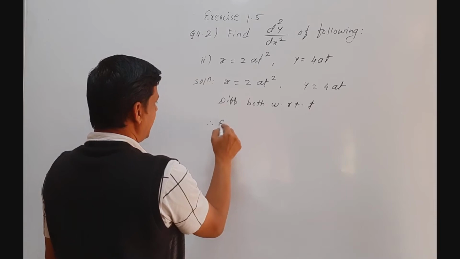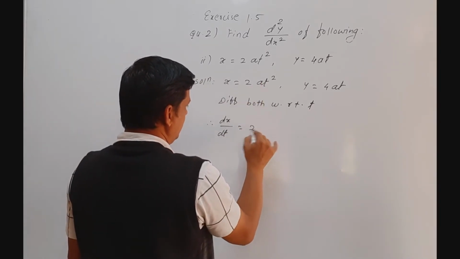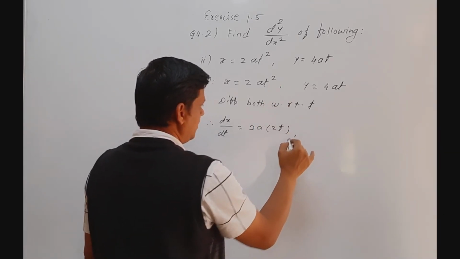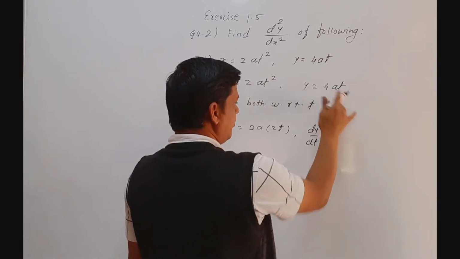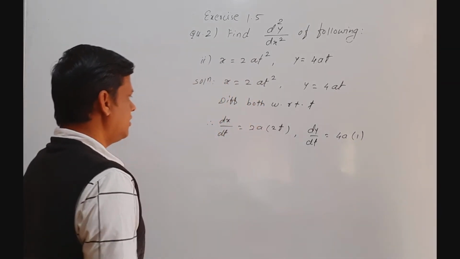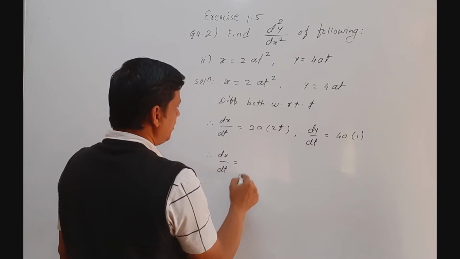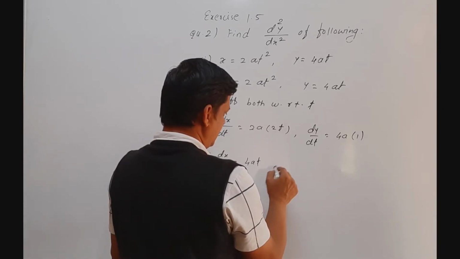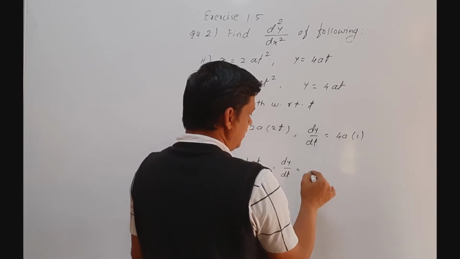Therefore derivative of x with respect to t, we write dx by dt. So this 2a is constant, derivative of t square we write 2t. Derivative of y with respect to t, we write dy by dt. 4a is constant, derivative of t with respect to t is 1. So write this as dx by dt is equals to 4at, dy by dt as 4 into a into 1.